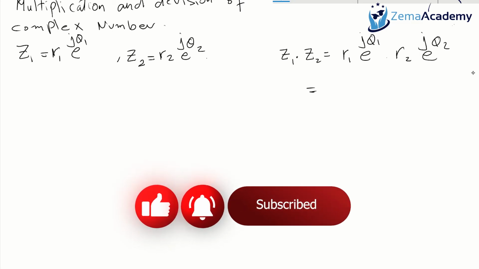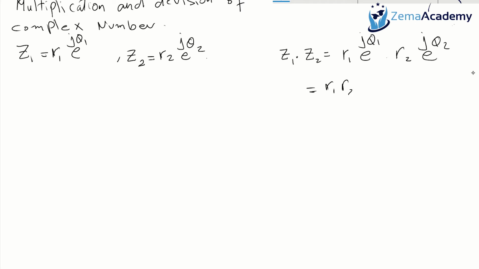Now, multiplication of z1 times z2. z1 is r1 e^(jθ1) and z2 is r2 e^(jθ2). Now r1 and r2 can be multiplied, and then e^(jθ1) times e^(jθ2). So you end up with z1 times z2 as simply r1 times r2 e to the power, we have e^(jθ1) times e^(jθ2), so we sum up the powers.